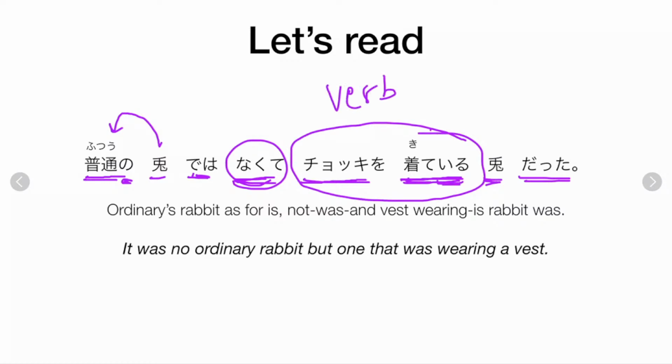It is wearing a vest, so a vest-wearing rabbit. Okay, you use that verb with a noun to turn this into an adjective. This way, an adjective to modify your noun rabbit. So, futsu no usagi de wa nakute chokki o kiteiru usagi datta. It was not an ordinary rabbit, but one that was wearing a vest.